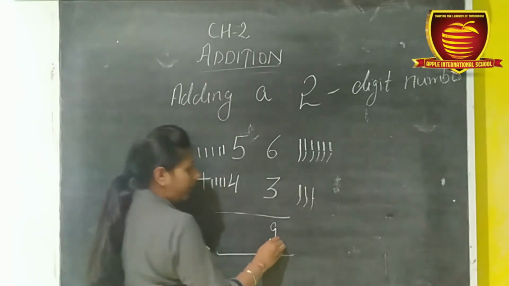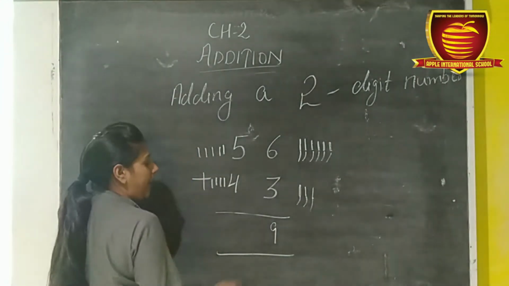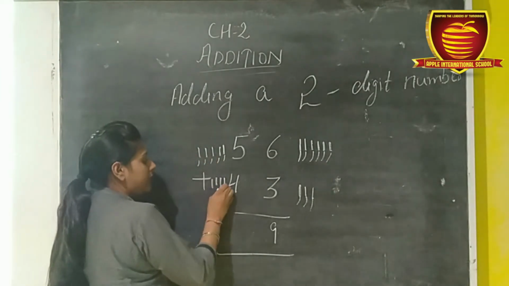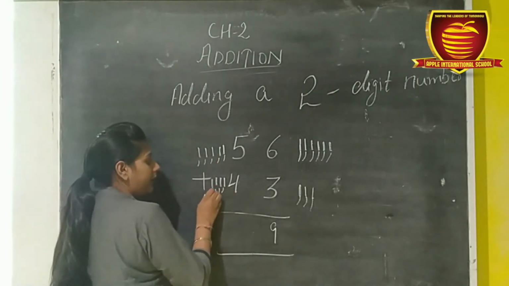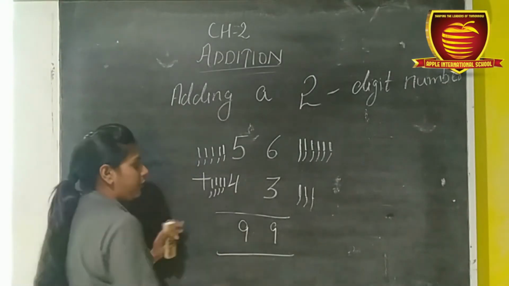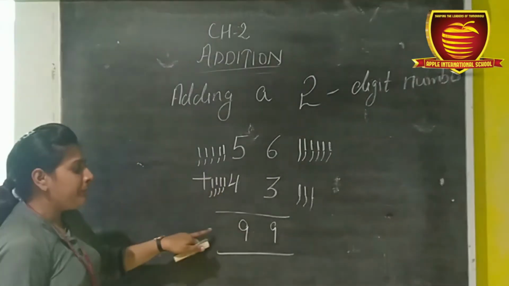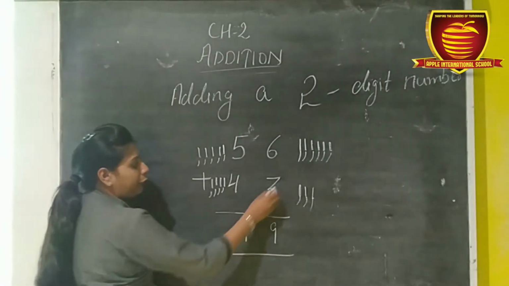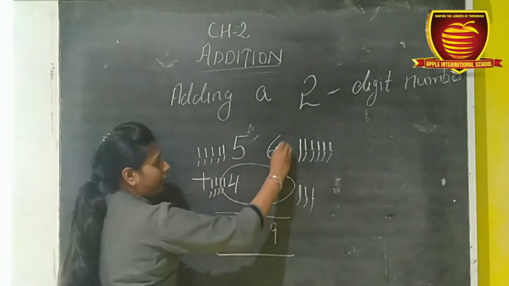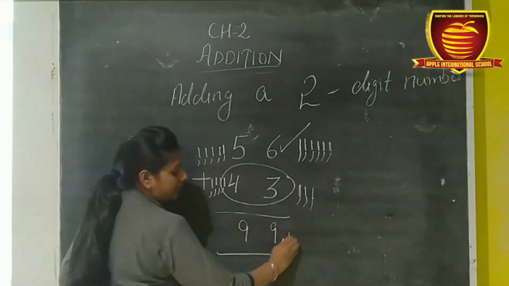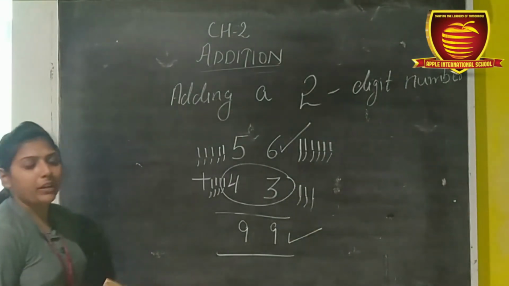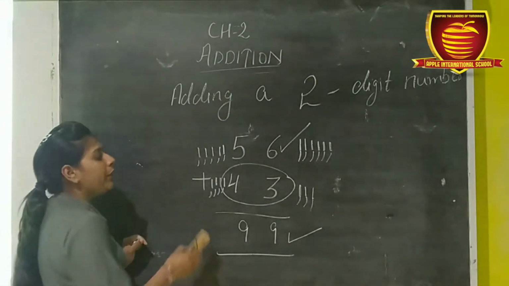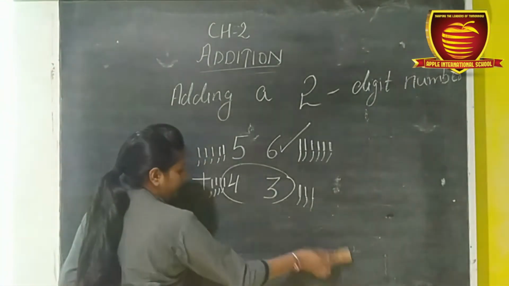So when we add 3 to 6, the answer is 9. 1, 2, 3, 4, 5, 6, 7, 8, 9. So when we add 4 to 5, the answer is again 9. So Ajay, when we add 43 to 56, the answer is 99. This is an example of 2-digit addition.